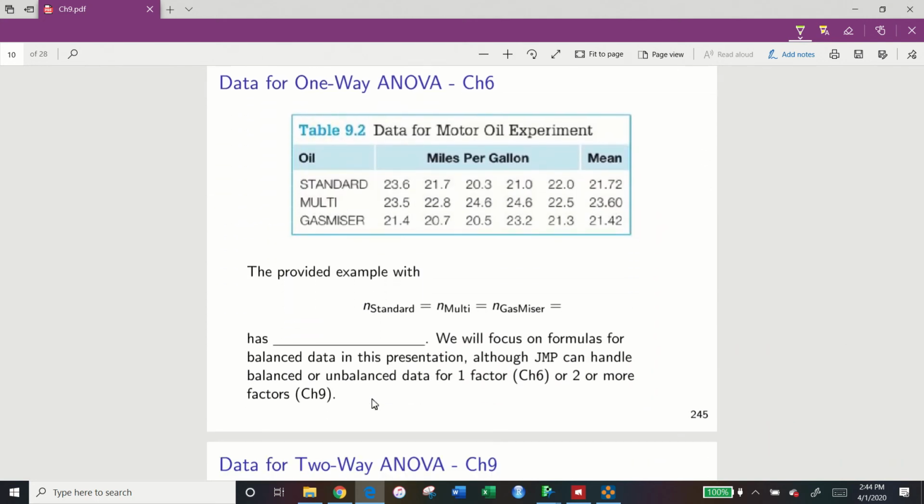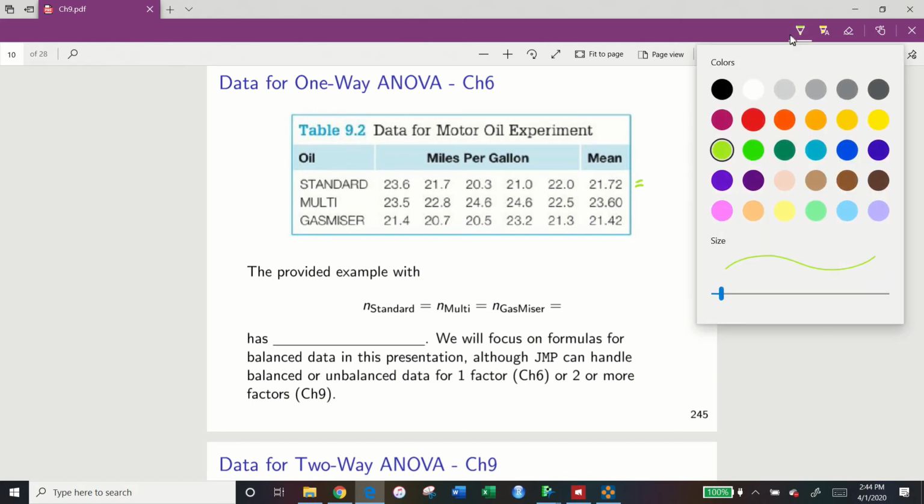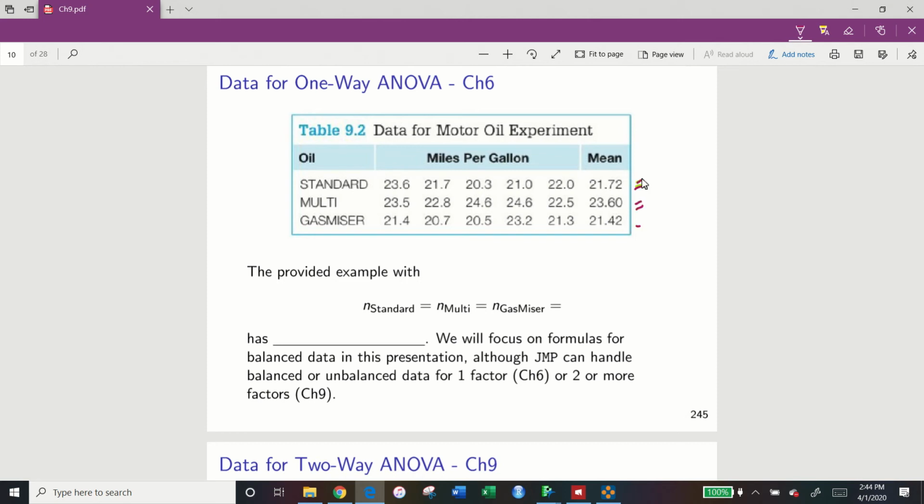So when we are looking at our one-way ANOVA data, we may have had a chart similar to this, which is table 9.2 for data with our motor oil experiment. We had 3 types of oil, and we had 5 observations per type of oil, and then we had our row means of, say, y1 dot bar, y2 dot bar, and y3 dot bar.